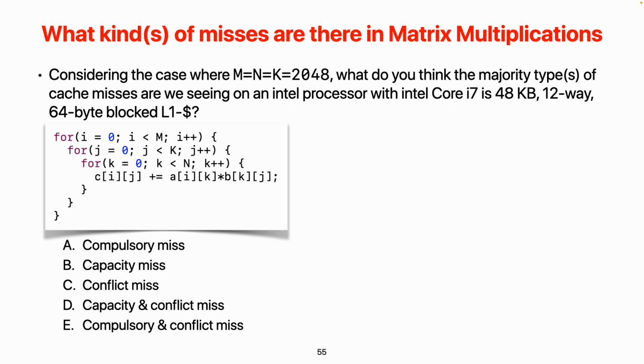What kind of misses is that? Looks like we are good for one row. Looks like we are good for one column. Isn't that? Don't you agree with that? Yeah. Why is that? I think it's in between loops.